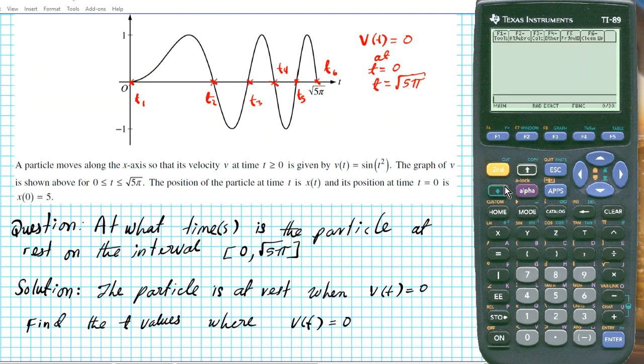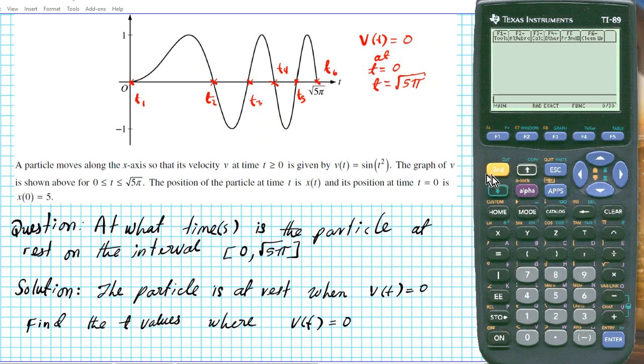Now, what we can do is enter this function into the graphing window, and proceed to graph the function and look for the intercepts. But I'm going to take a different approach. I'm going to proceed to store this function in the calculator. And then after I'm done storing the function, I'm then going to use the stored function to carry out the graphing of the function.